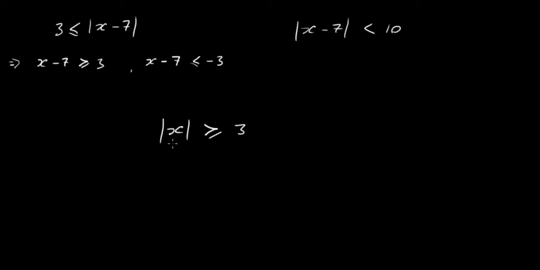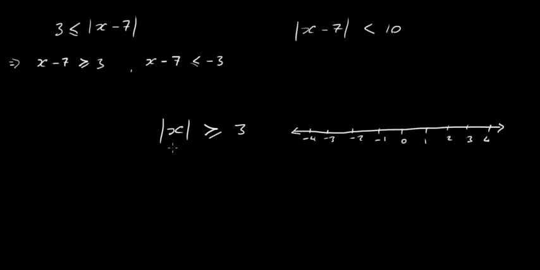So what numbers are such that when you get the positive value of them, which is what the absolute symbols mean, they can be greater than or equal to 3? If you take your number line here, you've got minus 4, minus 3, minus 2, minus 1, 0, 1, 2, 3, 4, and they go on forever in both directions.